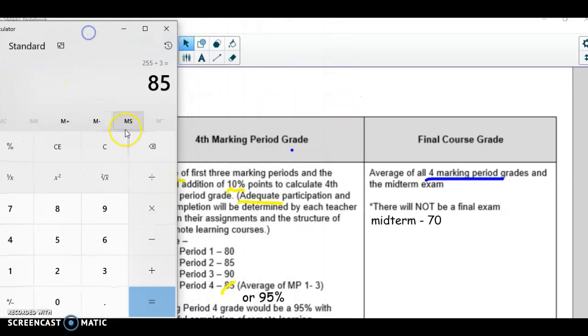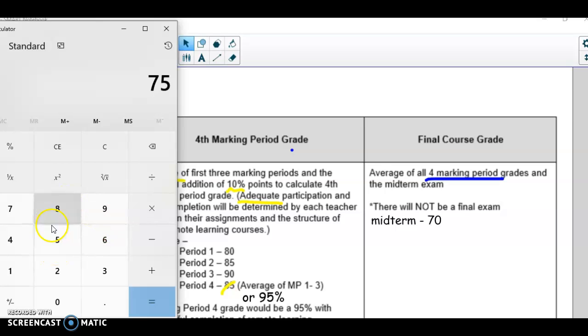In your calculator, you would clear this out and say, my score would be 80 plus 85 plus 90 plus 95. Whoop, whoop. You did your work. Plus 70 on the midterm, 420, and you're going to divide that by 5. That's not what I want it to look like. Let's try that again.